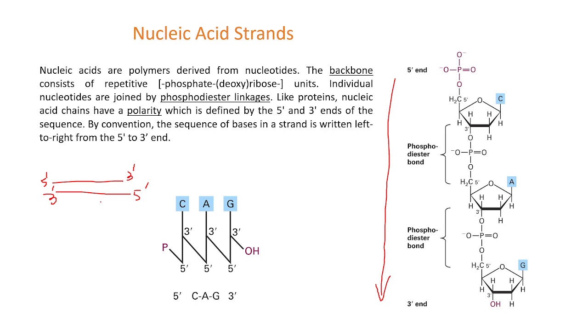You write the complementary sequence of this particular strand. Convention wise, you write it from the 5' to the 3' end. Like you have over here cytosine, adenine, and guanine, so you write CAG from the 5' to the 3' end.